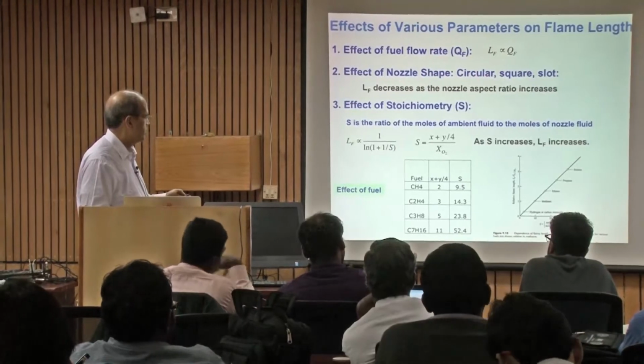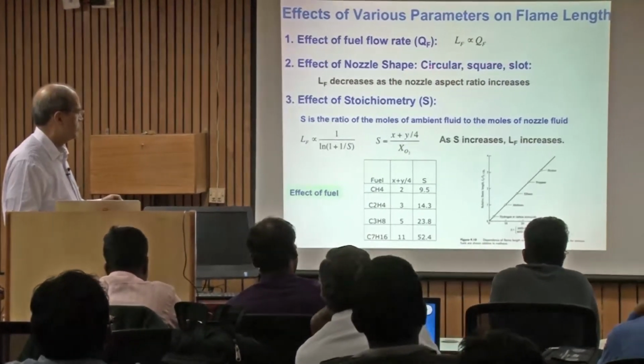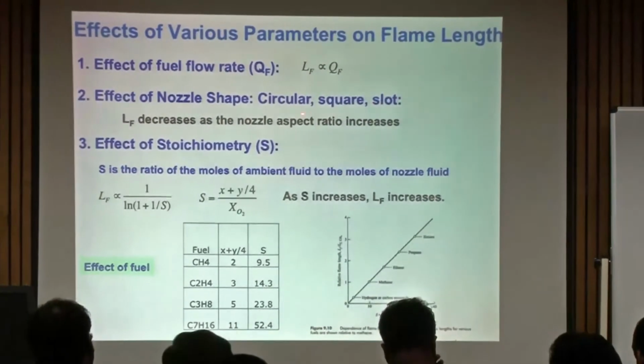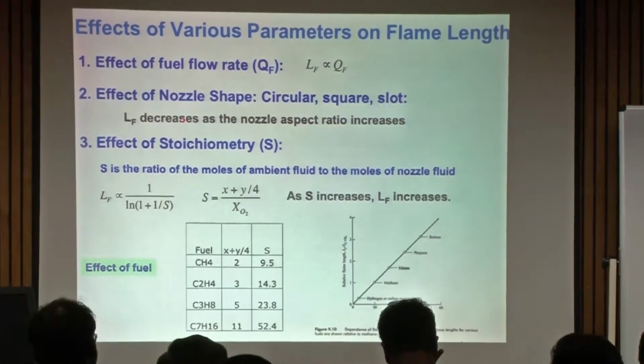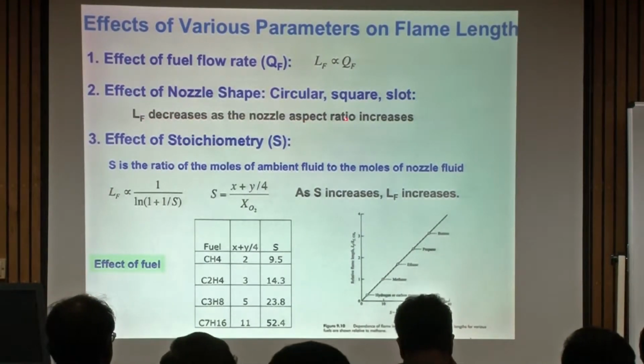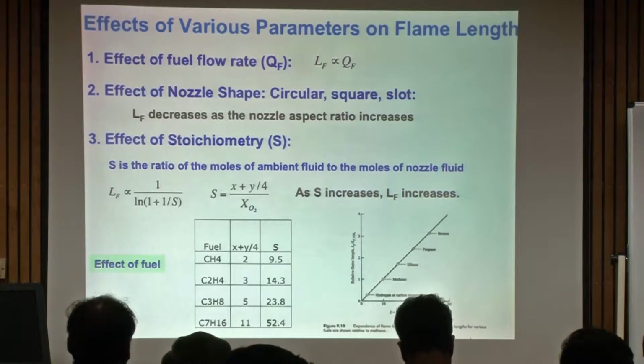Now we already discussed the effect of the nozzle shape: circular jets, square jets, slot jets, or rectangular jets. The important observation here is that the flame length decreases as the aspect ratio increases.